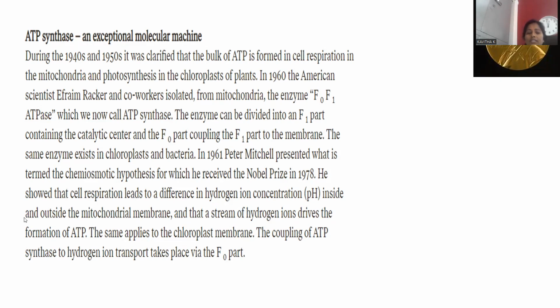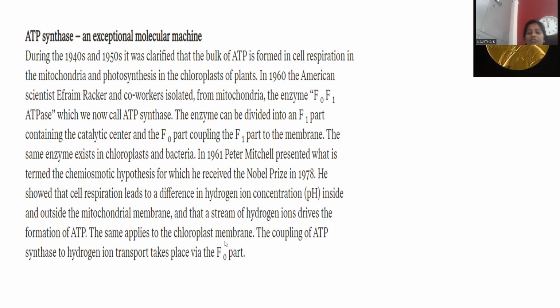Because of this, the natural process called respiration, that stream of hydrogen ions, drives the formation of ATP. Whatever the hydrogen ion concentration got changed, that stream of hydrogen ions is used to synthesize adenosine triphosphate.